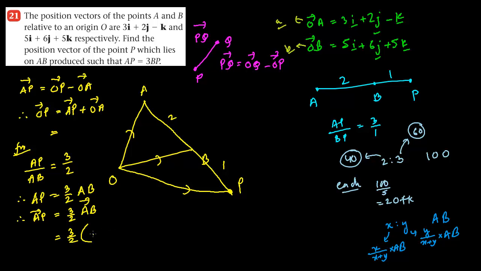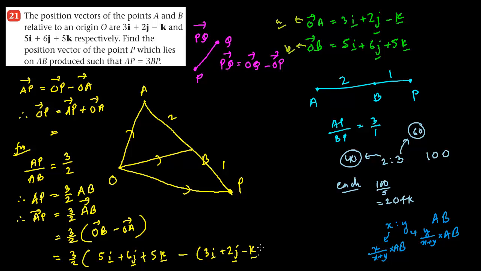Now we already know the position vectors of AB. So using the position vector rule, we can find AB equals OB minus OA. And that turns out to be 3 by 2. So OB is given over here, 5i plus 6j plus 5k, minus OA is going to be, now since there is a minus over here, I recommend you give a bracket, because if the bracket opens, it's going to be different in sign.